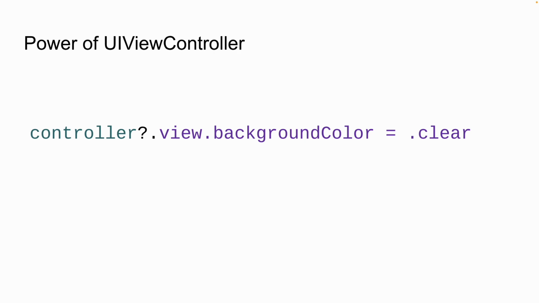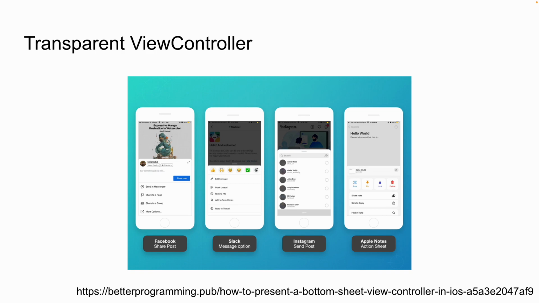For SwiftUI, it's quite difficult to provide this transparent ViewController, because if you want to overlap the whole content, then you need to again call this method for presenting, and in that case it also has in background this ViewController, and the view of this ViewController actually has a white background. So anything that you do will be anyway on this white background.